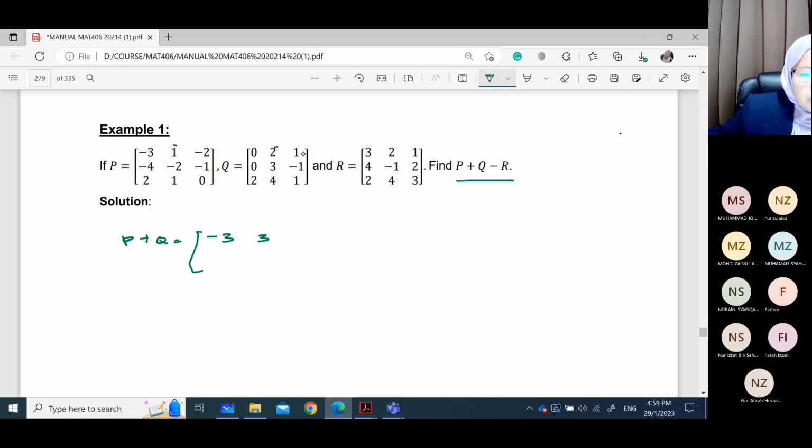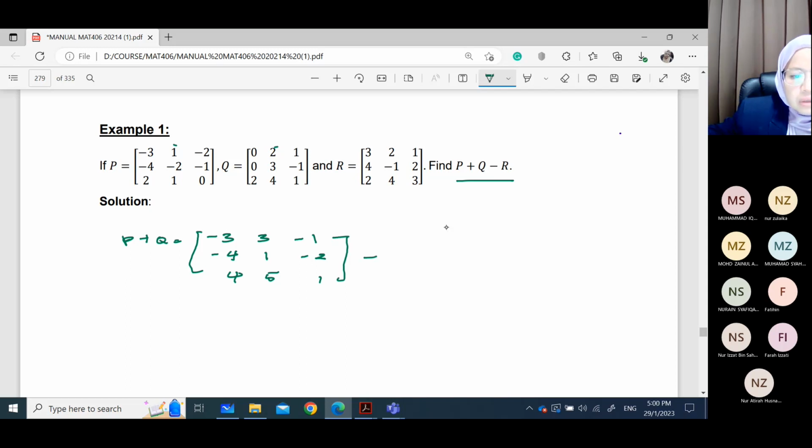Negative 2 plus 1, we have negative 1. Okay, so for second row, negative 4 plus 0, we have negative 4. Negative 2 plus 3, we have 1. Negative 1 plus negative 1, we have negative 2. And then 2 plus 2, we have 4. Tambahkan P plus Q. So 1 plus 4 is 5. 0 plus 1 is 1.